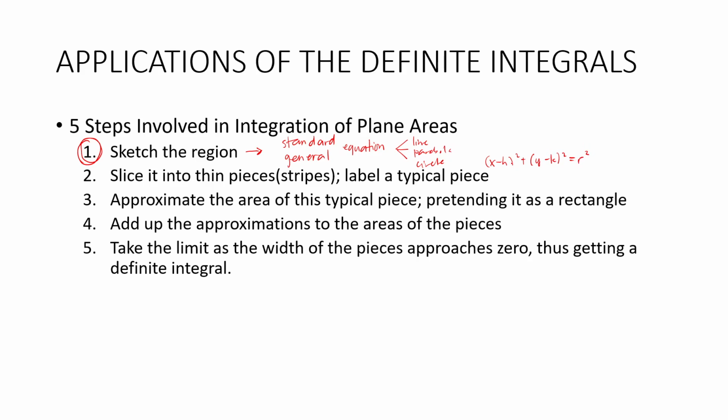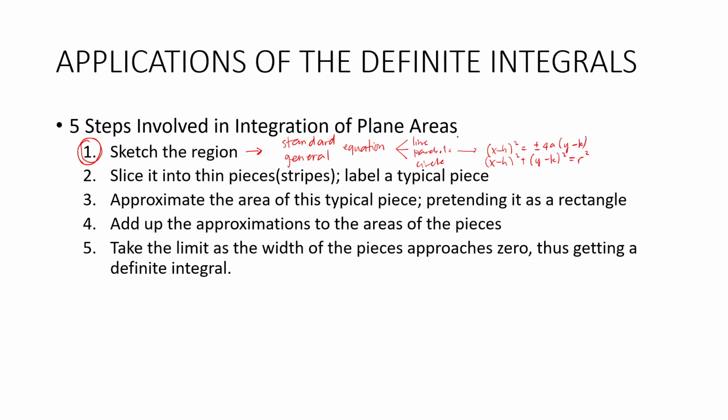The general formula is a bit more complicated. For a parabola, the standard formula, in terms of opening in y, is x minus h squared equals plus or minus 4a times y minus k.